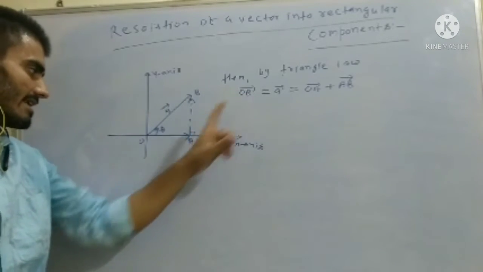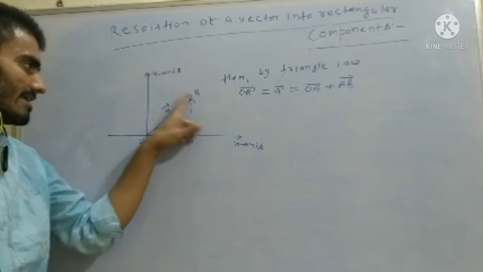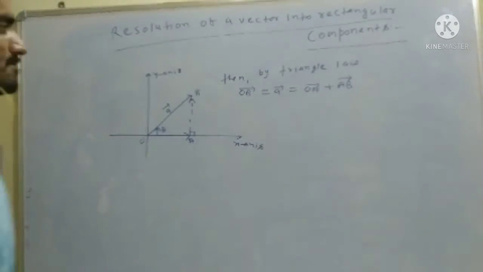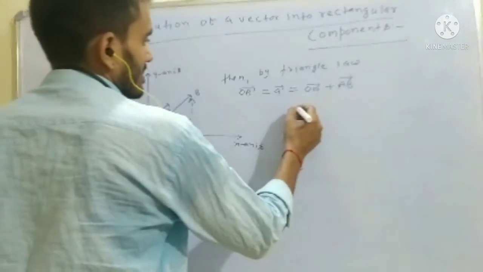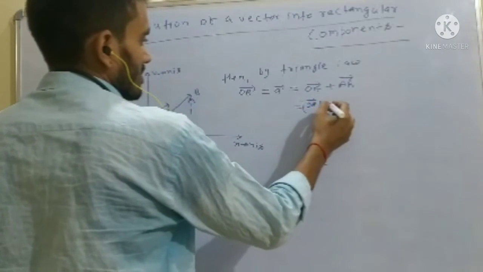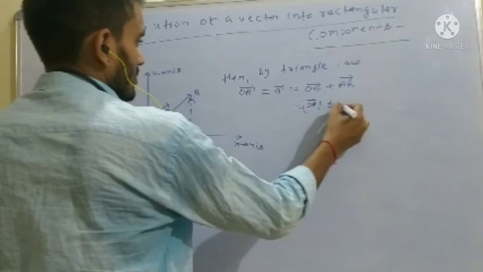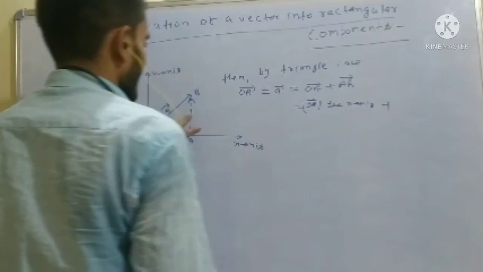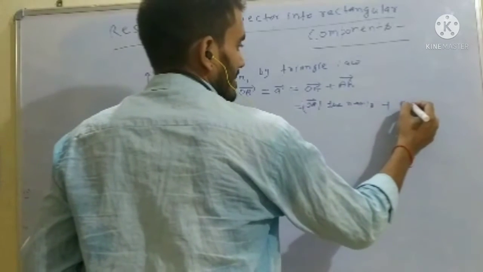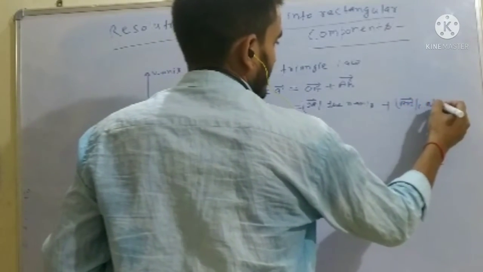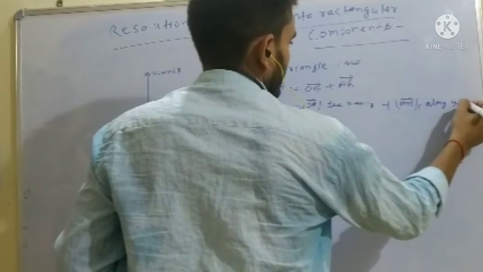This is the alternate vector, and tail to head is this vector. OA plus AB: OA magnitude into direction along the x-axis, plus AB vector equal to AB magnitude along the y-axis.